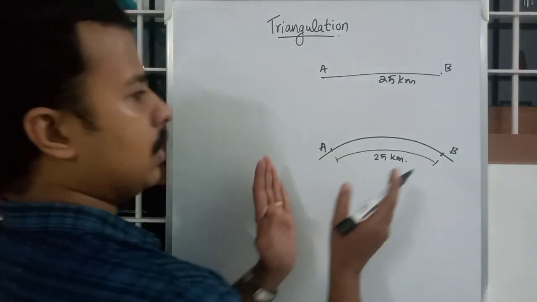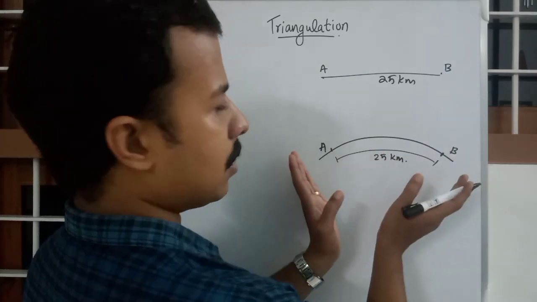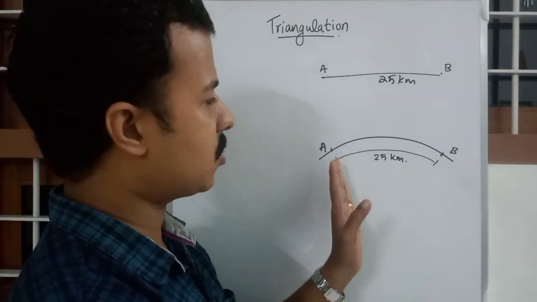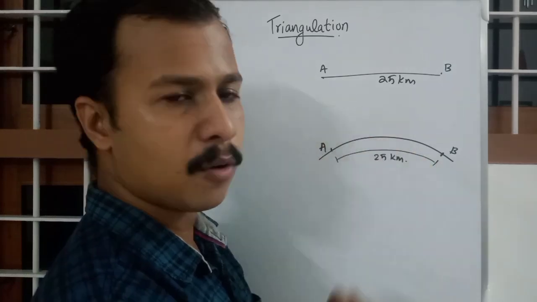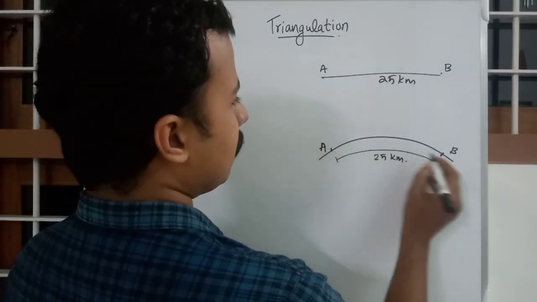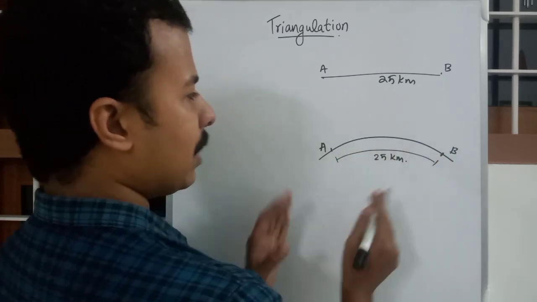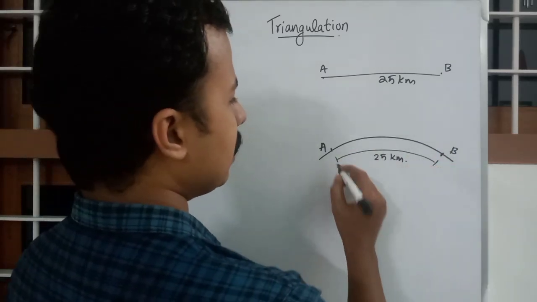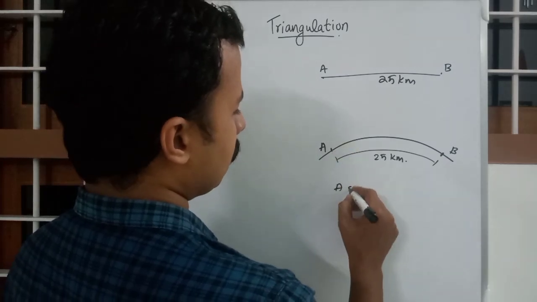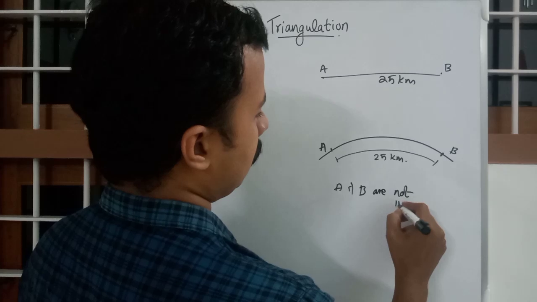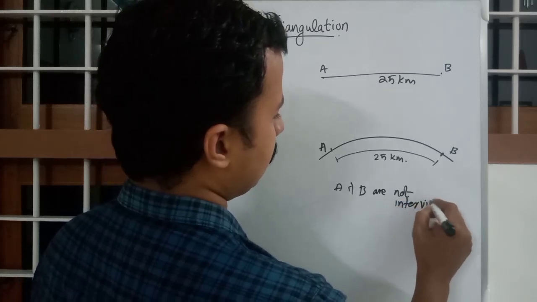In this sketch we are considering the curve of earth. So, without any height of stations, with 2 stations of 0 height, A and B are not intervisible.